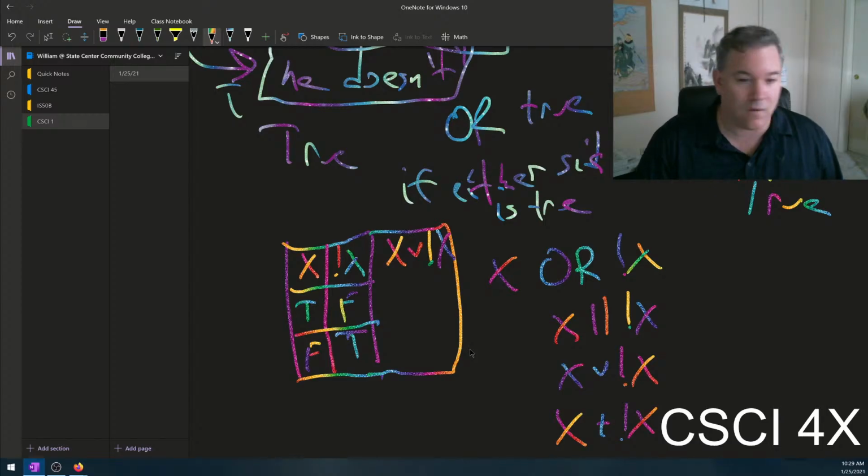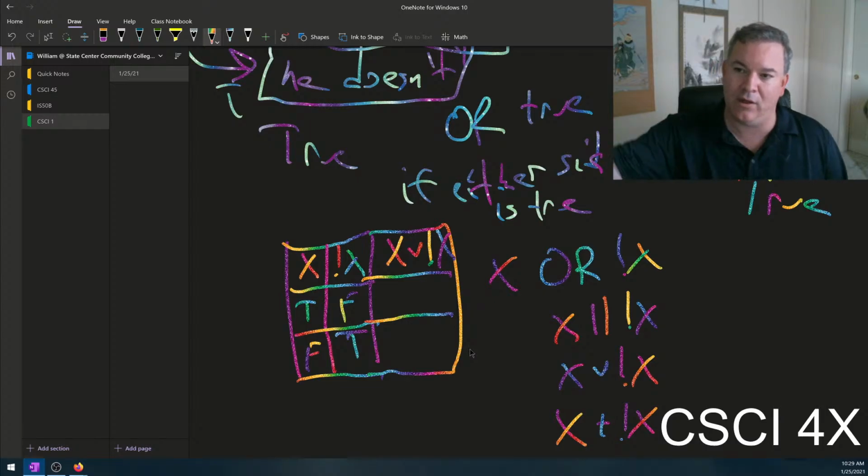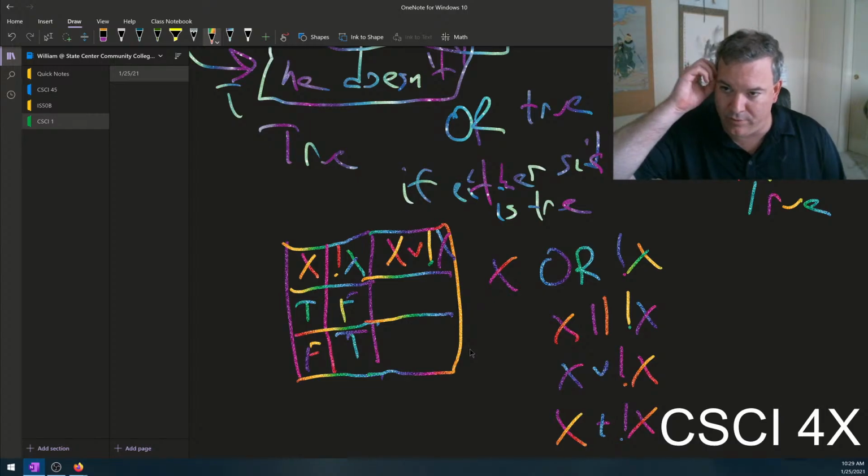So an OR statement is true if either one side or the other or both are true. So in this case, this OR statement here will be true if either of these two things is true. And what you do in a truth table is you go across the rows when you fill them out.